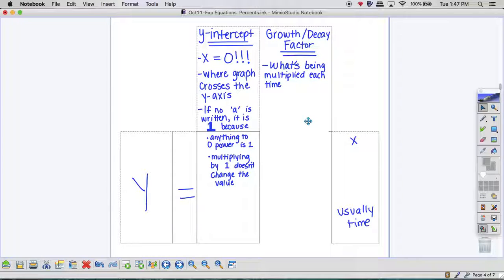Okay? How do we tell if it's a growth factor or decay factor? If the base is greater than 1, it'll be growth. If the base is less than 1, it will be decay. And we're going to write something else in here, probably Monday, I think, or later on. So pause the video if you have not finished writing this down.